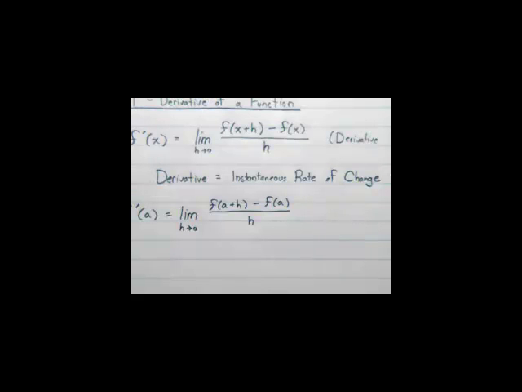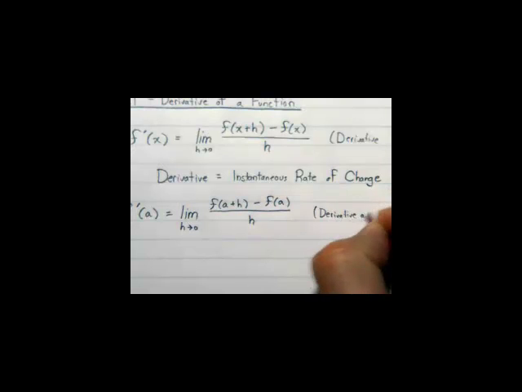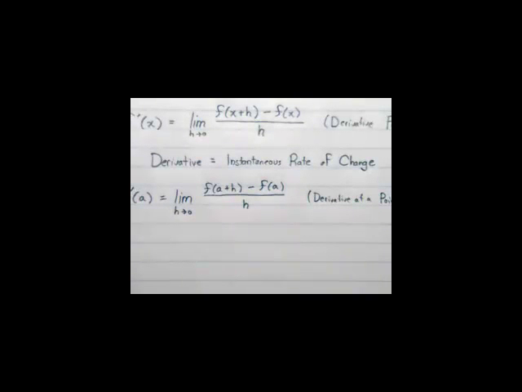And so x is a variable. It stays a variable once you're done. a is some number that I'm plugging into it, okay? So this is going to be the derivative at a point x equals a. So the calculation really is the same thing. It's just instead of having an x in there, you're immediately plugging in a number for x and doing it that way instead, okay? And we've pretty much been doing this kind of thing.